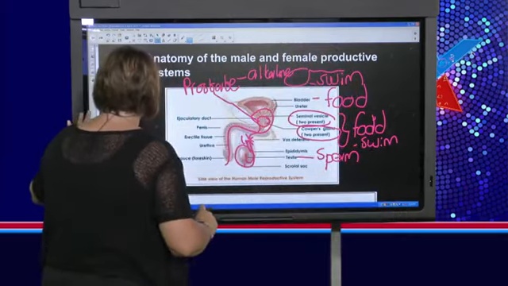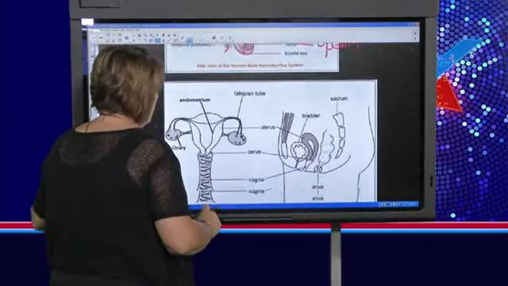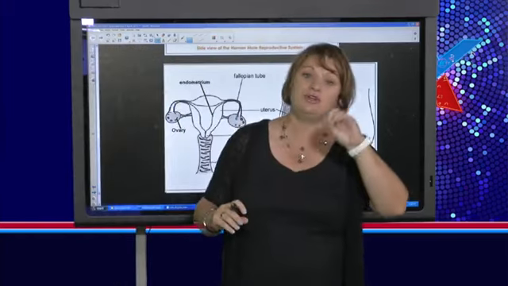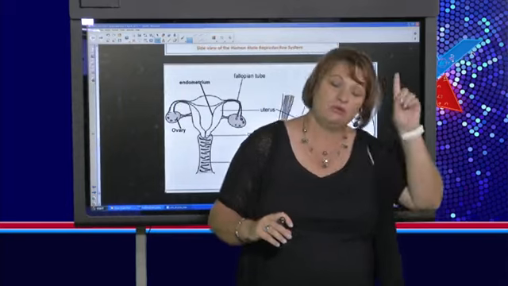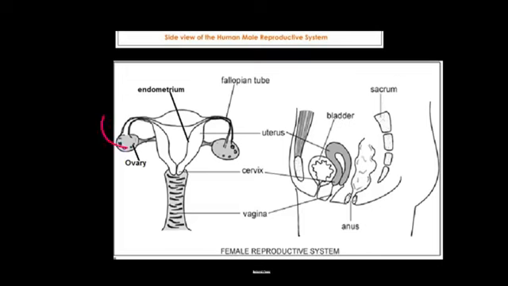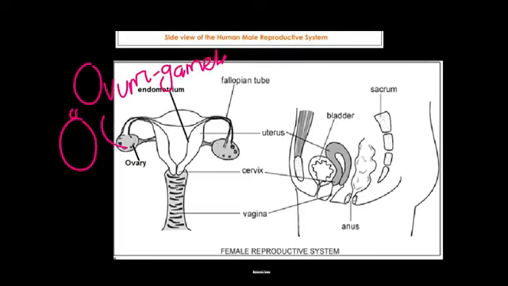It's the female's responsibility to then nurture. What does she also have to do? Number one, she has to produce a sex cell. And that is an ovum, that's the female gamete. There she is with a little bow on her head.